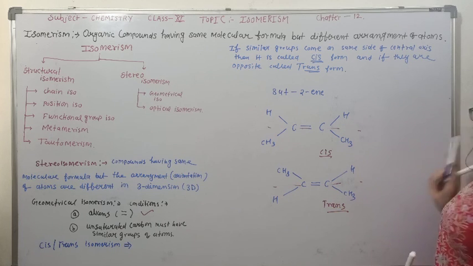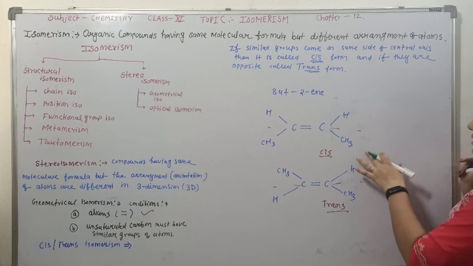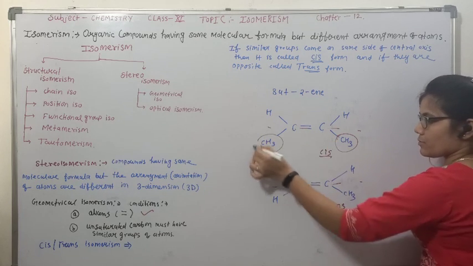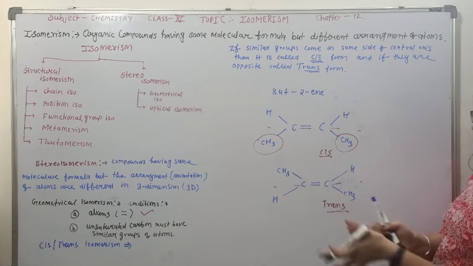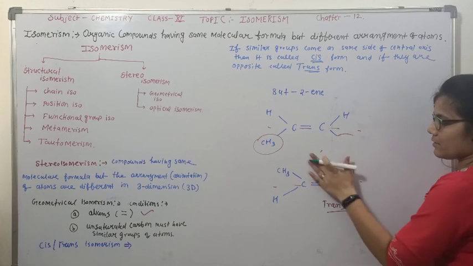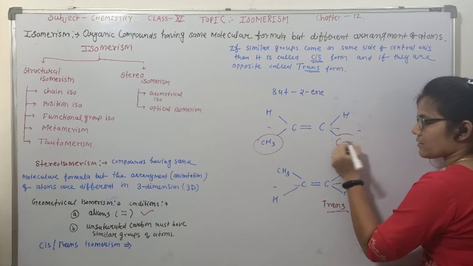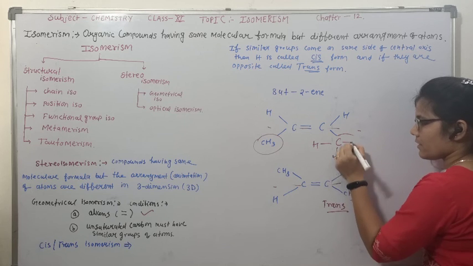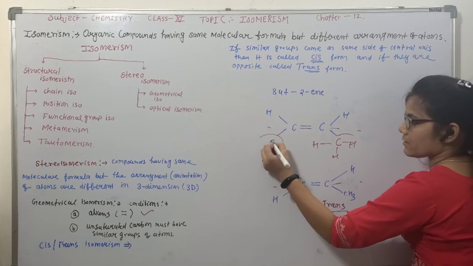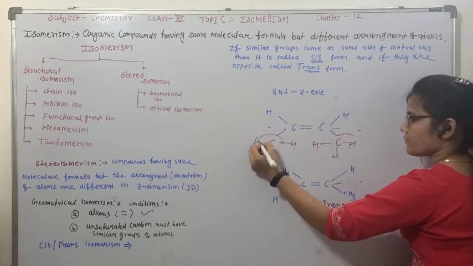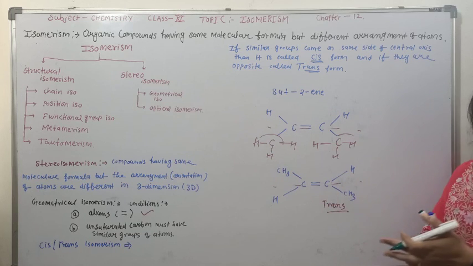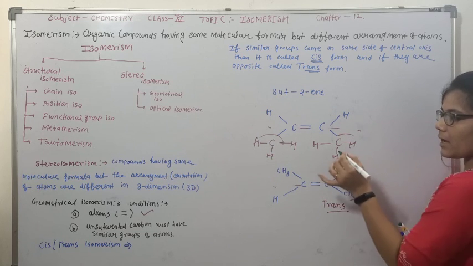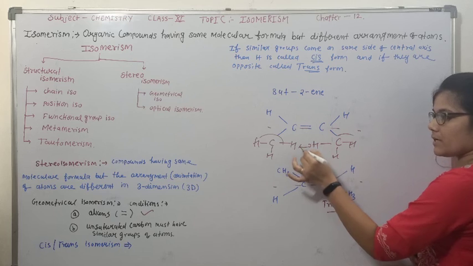Now, a point to remember: in cis form, the alkyl groups are on the same side. CH3 is in 3D like this, and this one is also. So the heavier groups are on the same side and they repel one another.